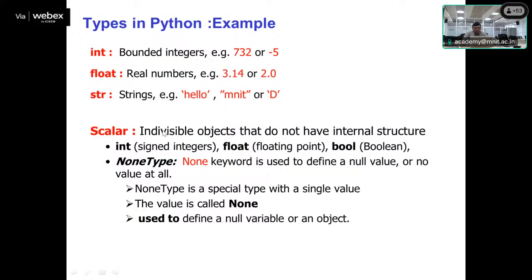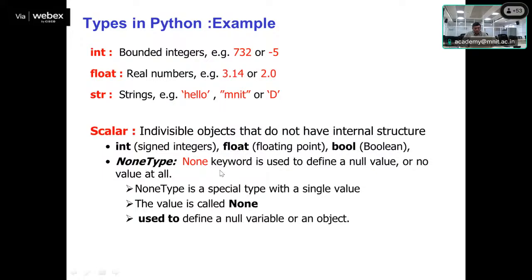Any object which is not divisible and does not have any internal structure is known as a scalar, such as integer. This 732 cannot be further split into multiple parts. Float cannot be split. Boolean cannot be divisible into different components.